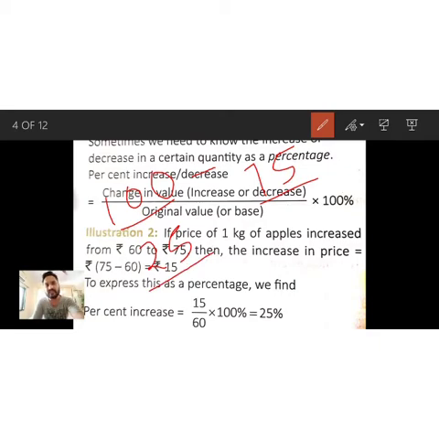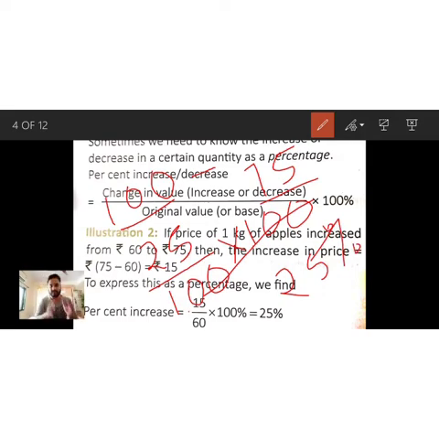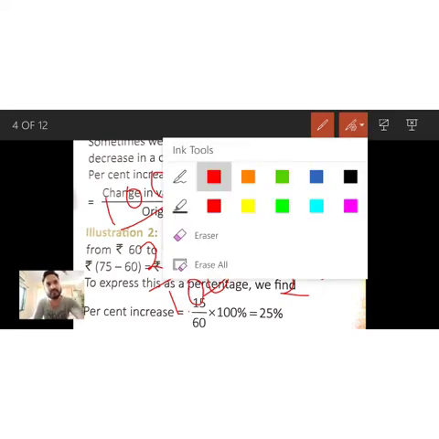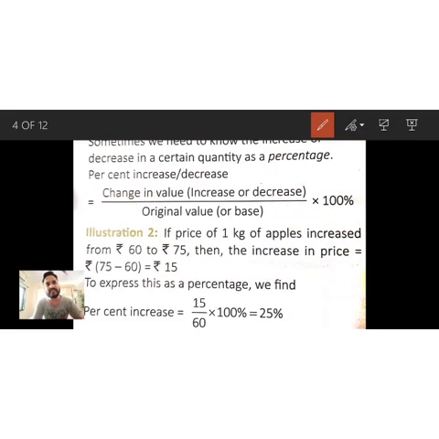Change in value, that is 25, not minus 25. We have to just write the value of change, not in minus. The change value 25 upon the original value 100, multiplied by 100 percentage. So 100 cut, our answer is 25%. The value of that particular product is decreased. Okay, in the same way, see the illustration.